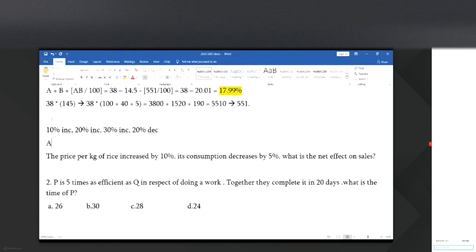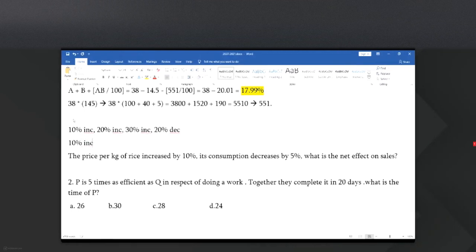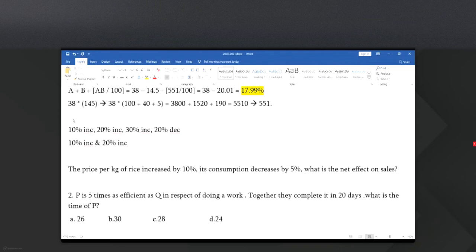Again, I'll first find the net percent change of the 10% increase and 20% increase. With this, you can use this formula: A plus B plus AB by 100, right? So I'll use this formula and find the net percent change.